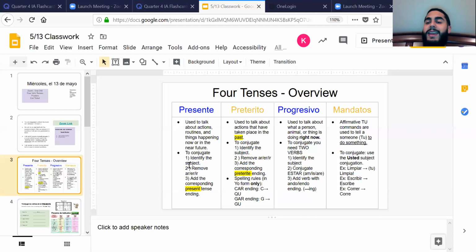So it would be saque. Similar to CAR, GAR is the same thing, but instead of a QU, you are replacing the G with a GU. So for example, the verb cargar, if I wanted to conjugate it in the yo form, it would be cargué, right? You change that G into a GU.